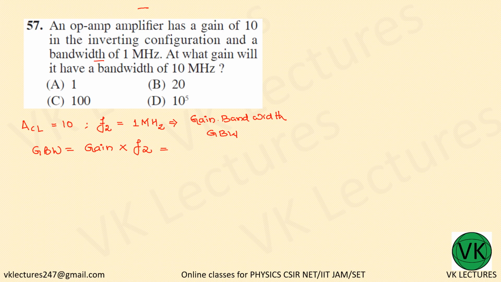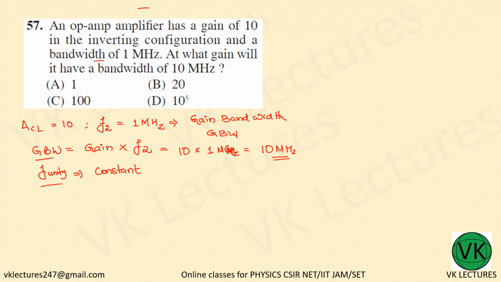So GBW equals gain into F2. Gain is nothing but 10 into 1 megahertz, the frequency. So that's equal to 10 megahertz. So this is the gain bandwidth, or it is also represented by F unity. Somewhere you may find it as F unity. This is a constant quantity.